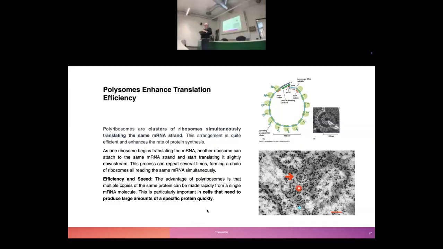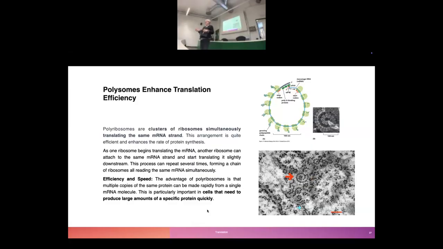And you can see in electron microscopy, if there's a chance to see it, it depends on the plane of the section, but this one is pretty nice. And you see this organization in which the center part will be with the 5 prime, and here is the 3 prime, okay?